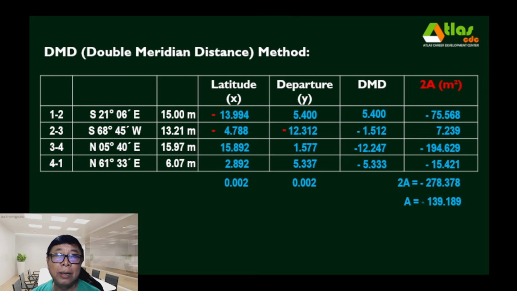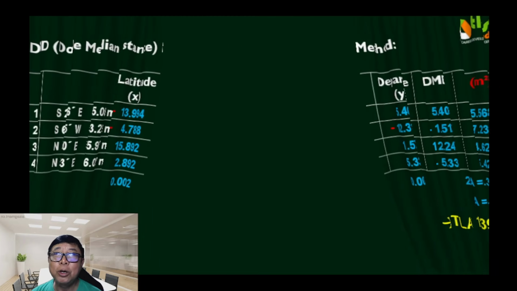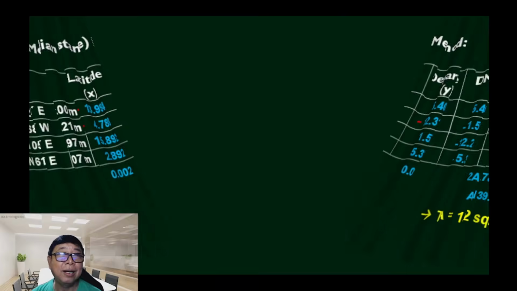The area therefore will be negative 139.189, but we don't have an area that is negative. We are just going to convert it to its positive value. So therefore our total lot area for that lot is 139.2 square meters. So that's it for your DMD method and the calculator shortcut.